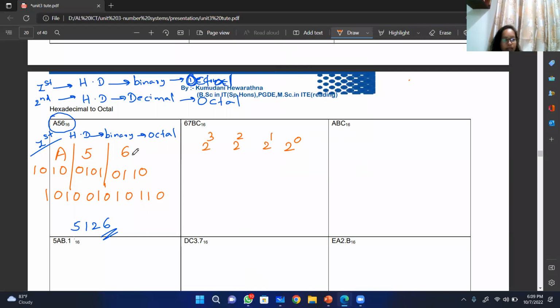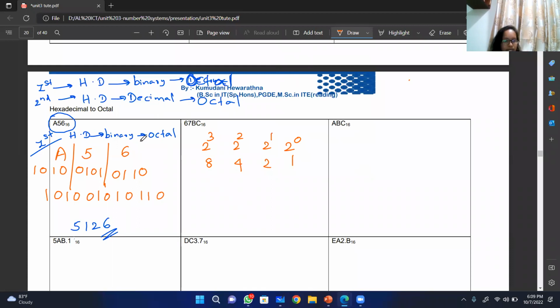We have to take the binaries as 4-bit binaries, as a 4-bit number. That is why we took 4 place values. If you want to write down the binaries in groups of 3, then only 3 places are enough.